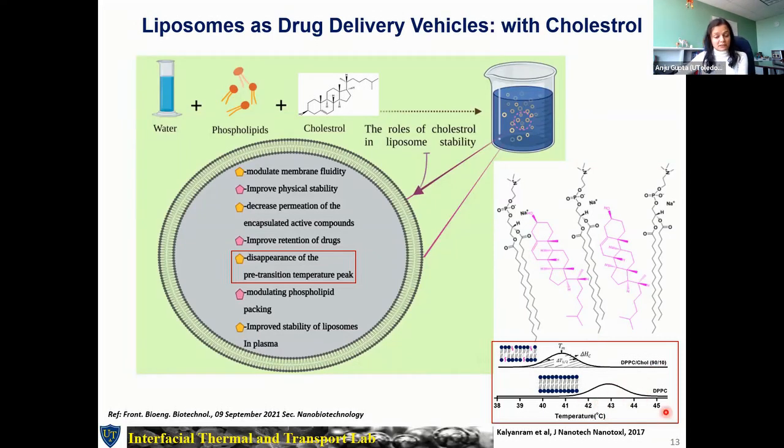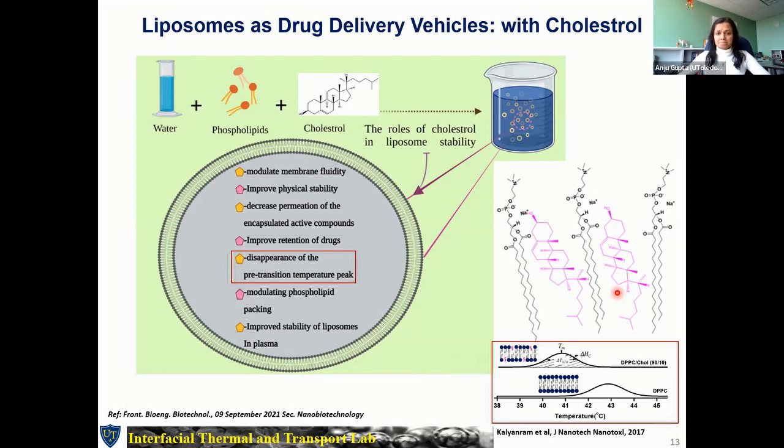This is just a regular DPPC, but when you add cholesterol, the melting peak shifts towards the left. And we think that's because now the cholesterol is changing the packing and it's creating fluidization at a lower temperature.